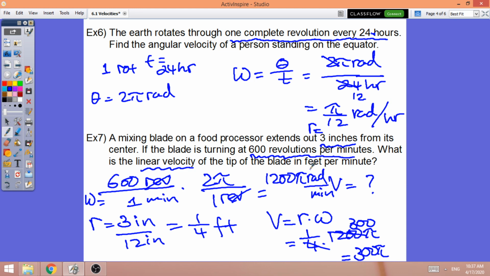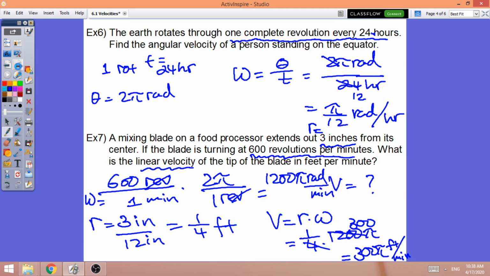It's feet per minute. Okay. So this one is like a 3-step problem. First thing you want to do, you want to convert the revolutions per minute to the angular velocity. And then once you're done with that, you want to convert the radius, inches to feet. Once you get those two pieces of information, we can apply the formula, the one we talked about today. So linear velocity equals radius times omega.